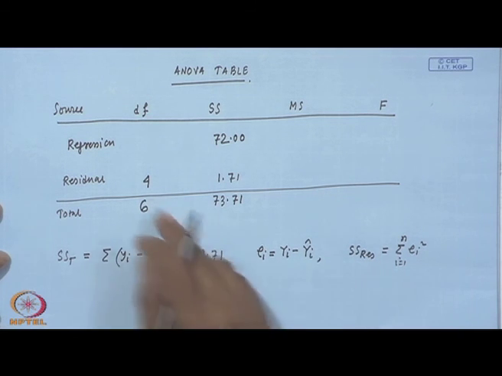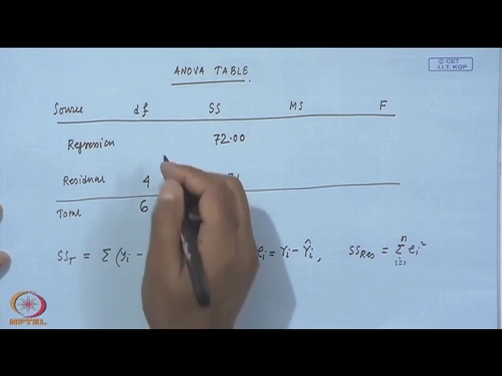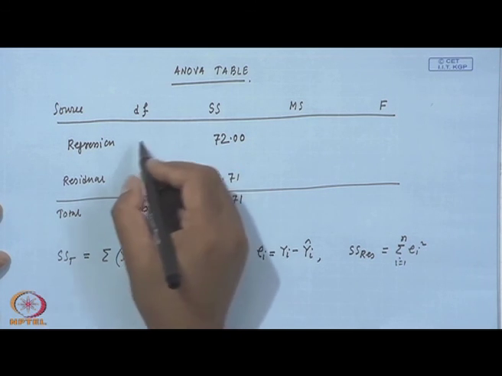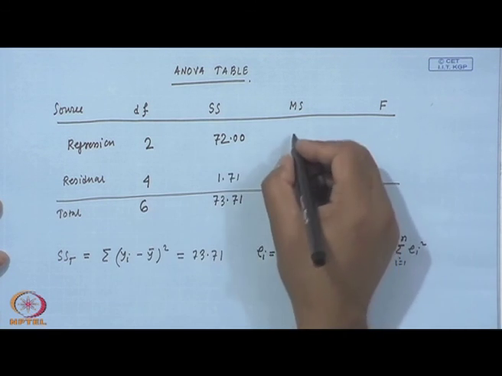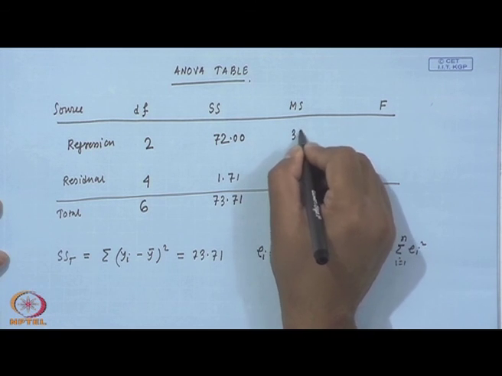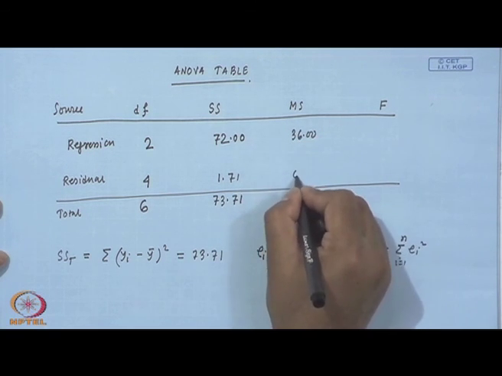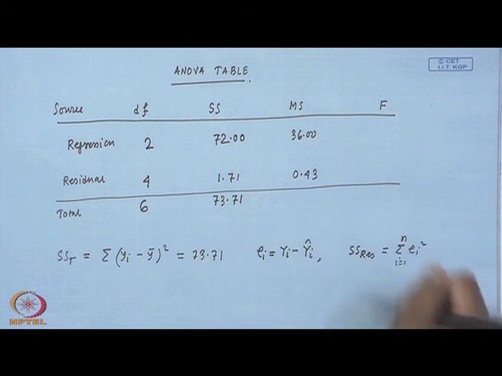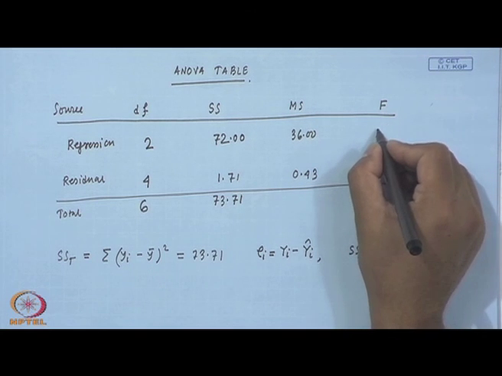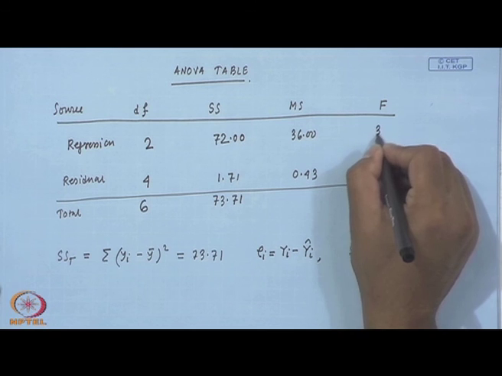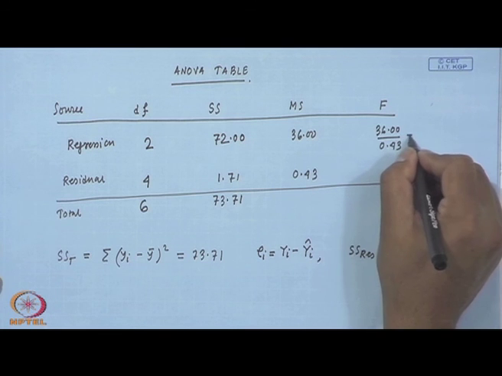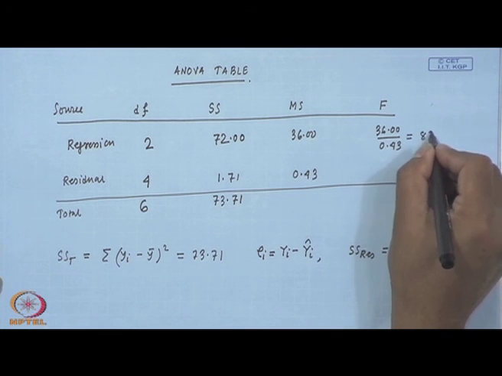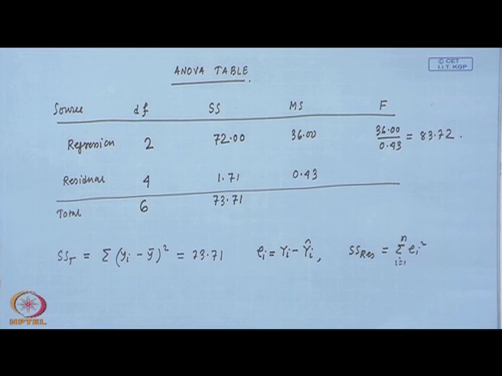So, the degree of freedom for the residual is 4 and the regression has degree of freedom 2. Okay. Now you can compute the MS values. MS values are 36 here and this is 0.43. So, the F statistic value is 36.00 by 0.43, which is equal to 83.72. Okay.